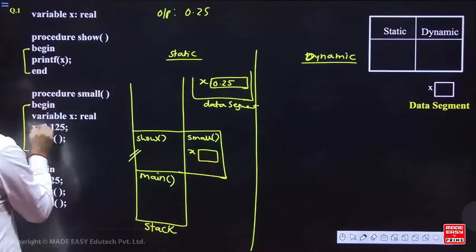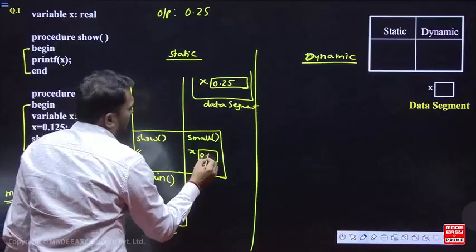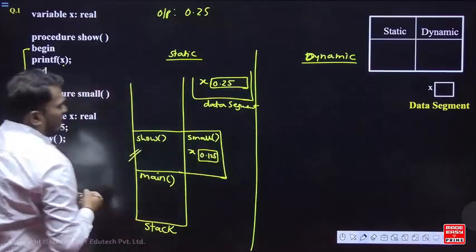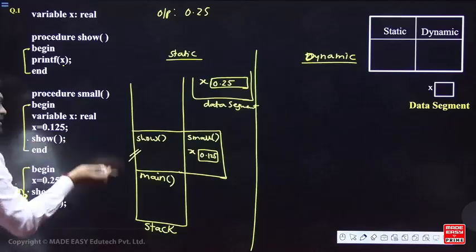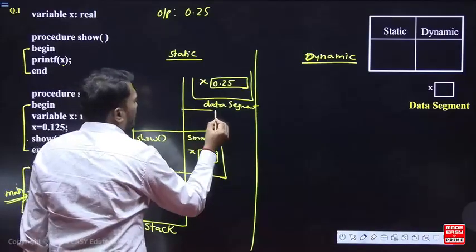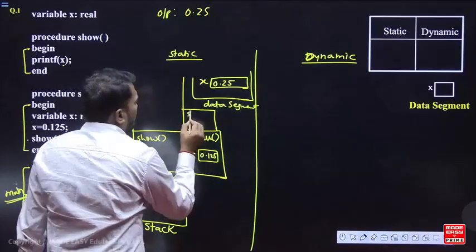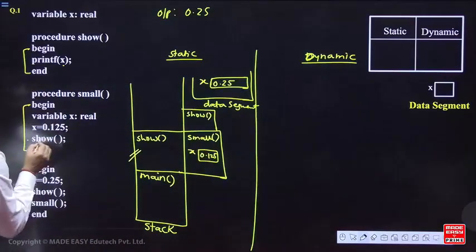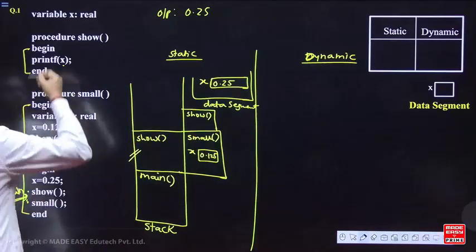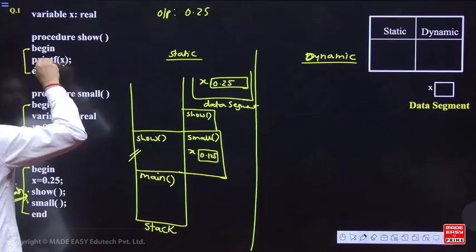What is the x value? 0.125. After that you again call the show function, which will be pushed into the stack. In the show function, you say printf x.